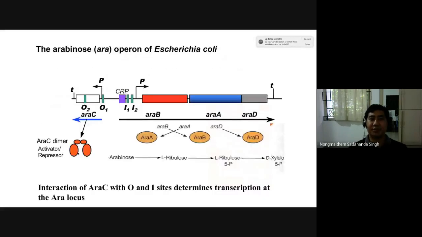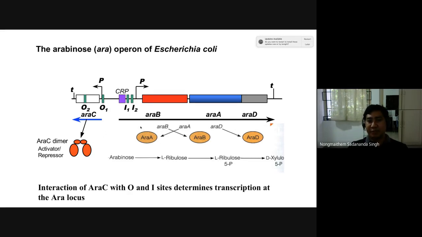Why it is important here is that operators 1 and 2 are the sites which are going to be bound by a protein called AraC. The AraC dimer acts both as activator and repressor depending on which operators and which inducer elements are bound by this AraC.